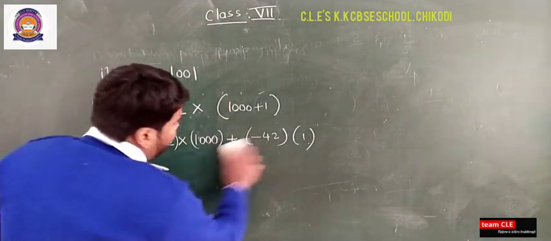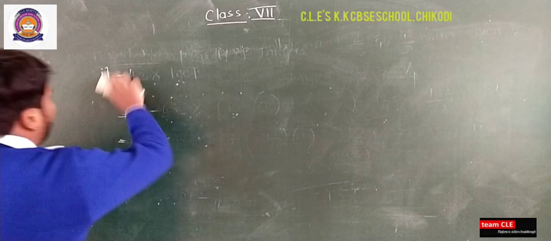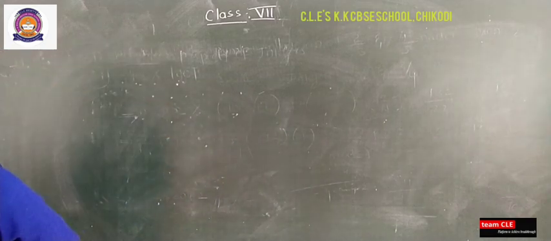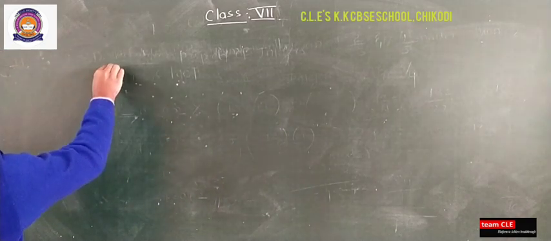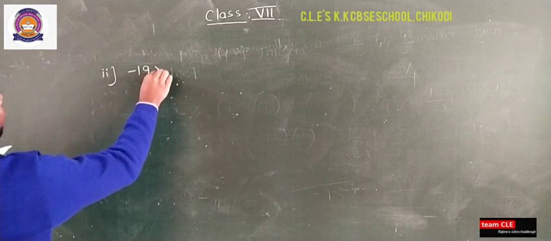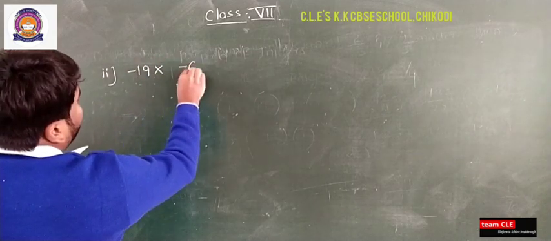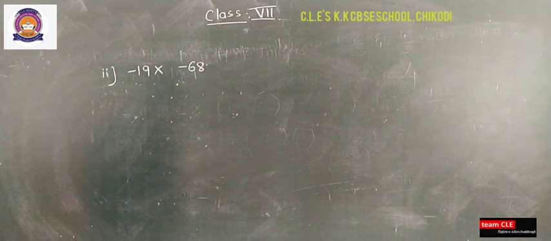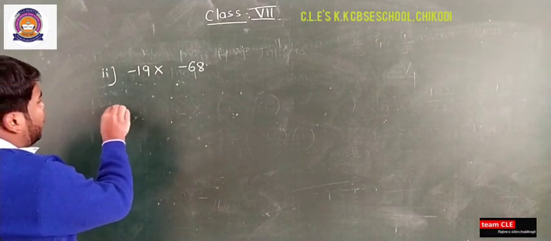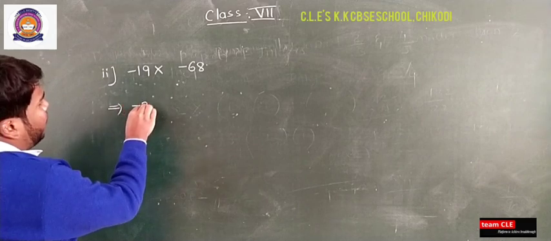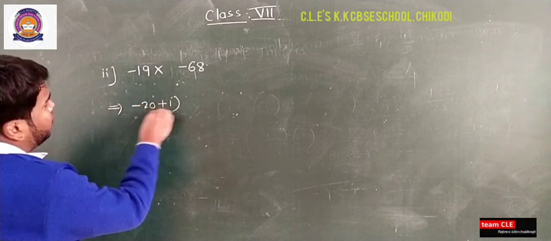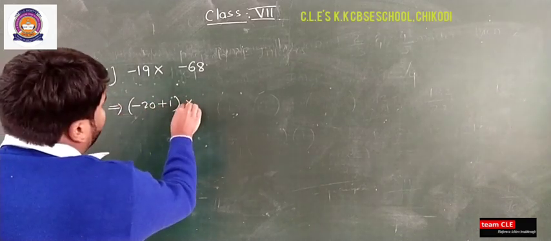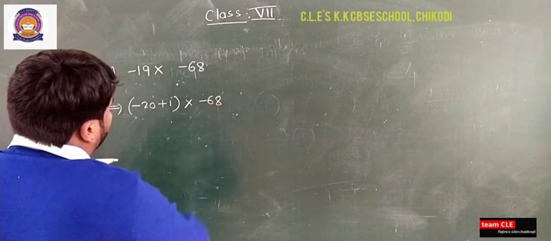And one more example I am going to solve on the distributive property of integers, that is the second one, minus 19 into minus 68. So I will write this as minus 20 plus 1, and one more, into minus 68.